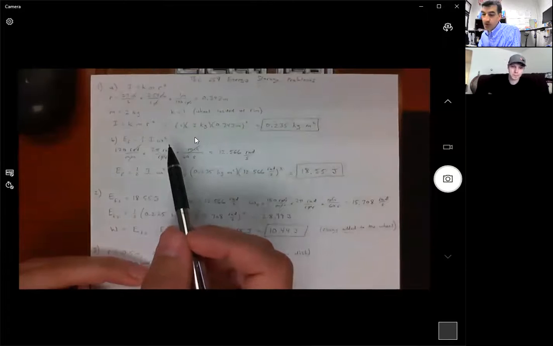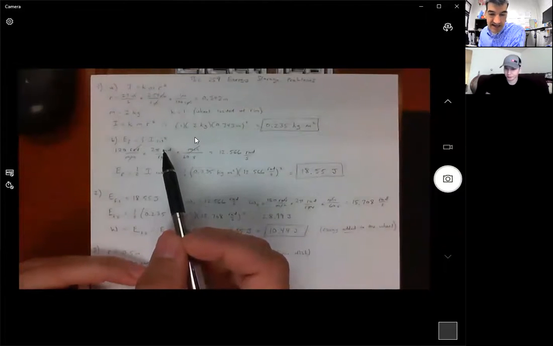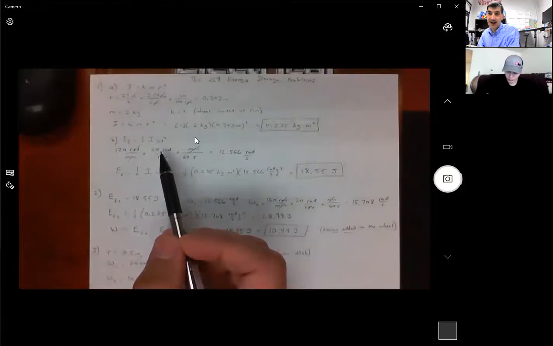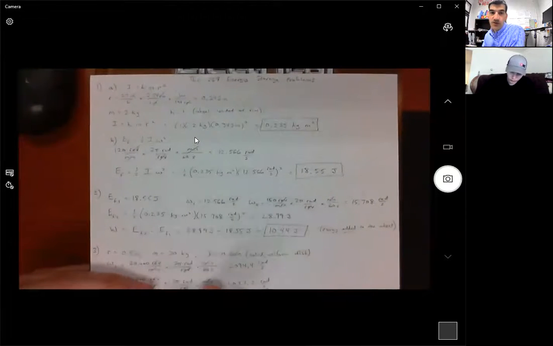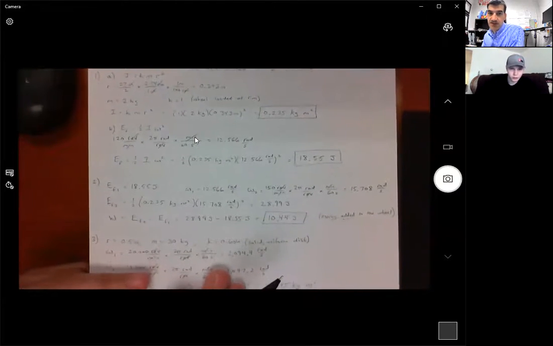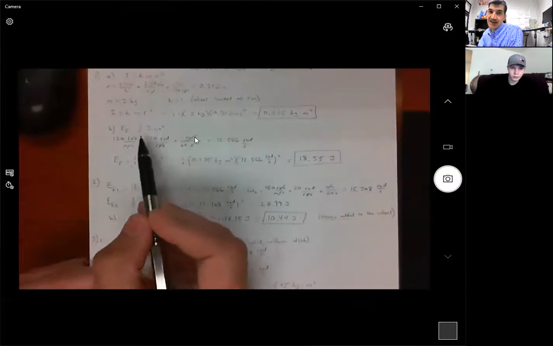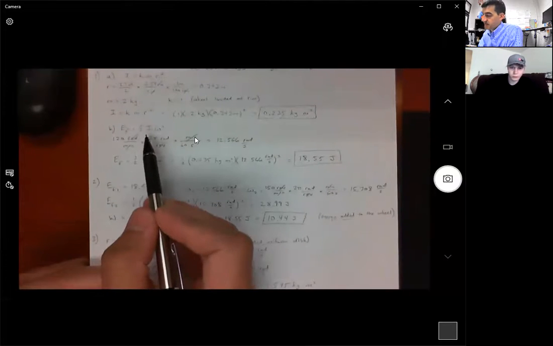So now that we have our moment of inertia, we can answer part B, which is, what is its rotational kinetic energy right now? It's rotating at 120 RPM. So how much rotating kinetic energy does it have? Well, we have a formula for that we talked about last time. It looks kind of like 1/2 mv squared, which is our general formula for kinetic energy, but this is rotational kinetic energy, so it's a little bit different.